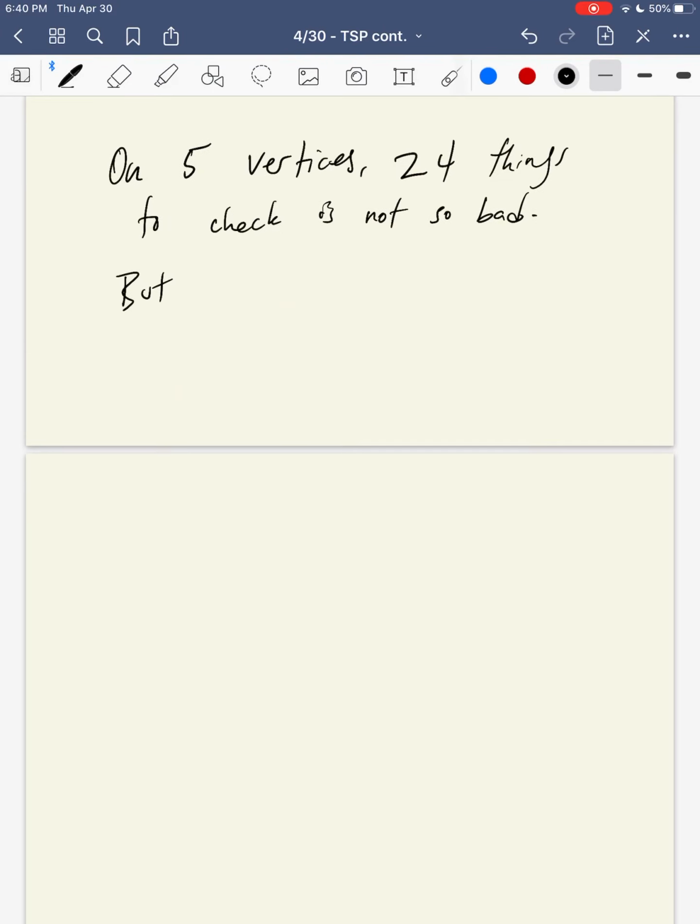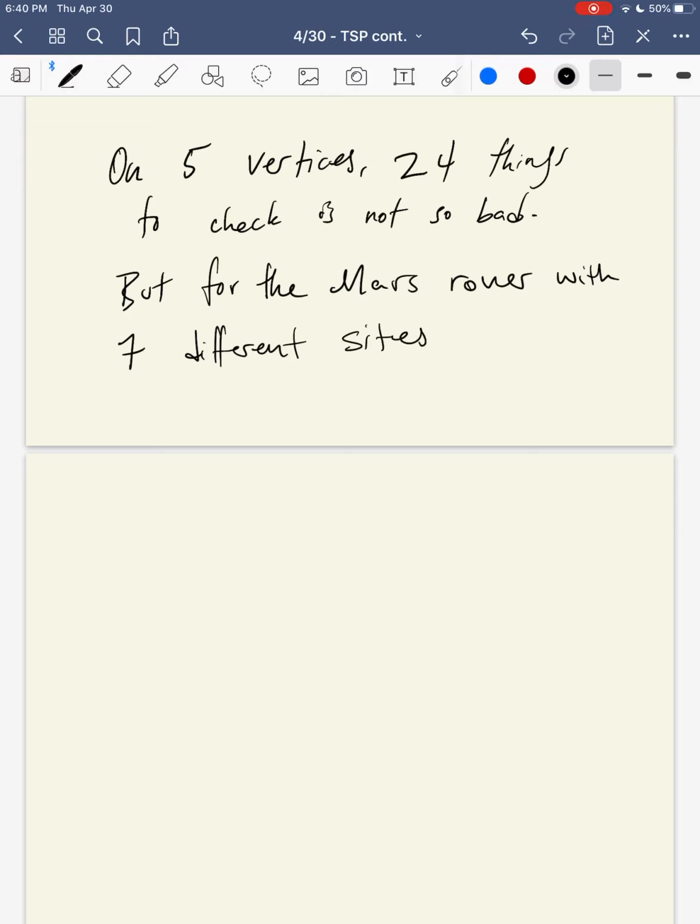For the Mars rover, with 7 different sites, there are 6 factorial: 6 times 5 times 4 times 3 times 2 times 1.